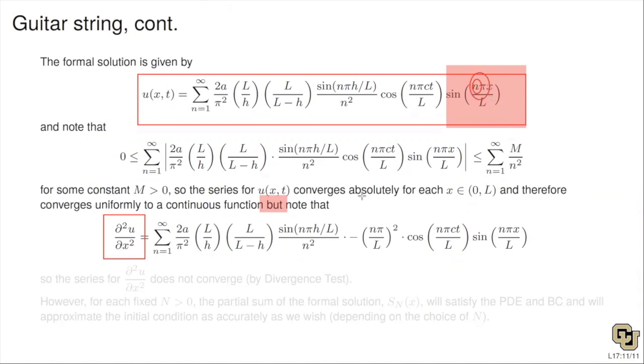And so we have this n squared term, and this n squared term is going to cancel with this n squared term. And the second partial of u with respect to x does not converge at all for our formal solution. So here I have a function u. It's a formal solution. It technically satisfies the PDE, boundary conditions and initial condition. But if you actually look at the second partial of u with respect to x, that is a series that does not converge at all.